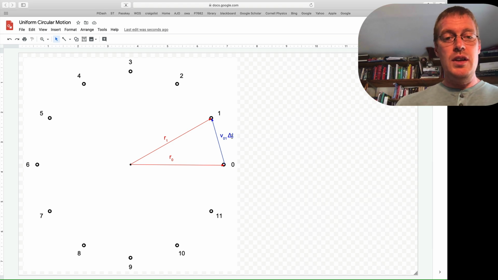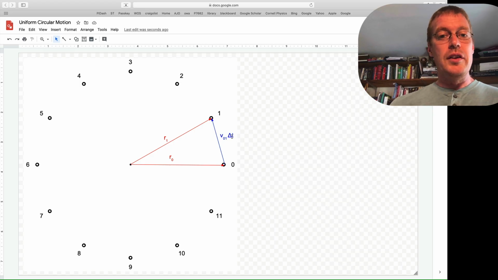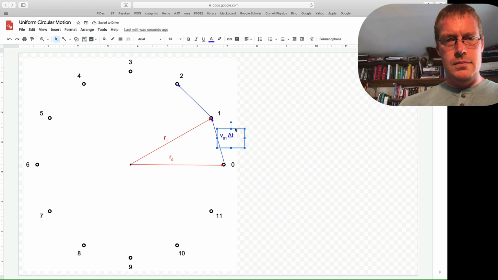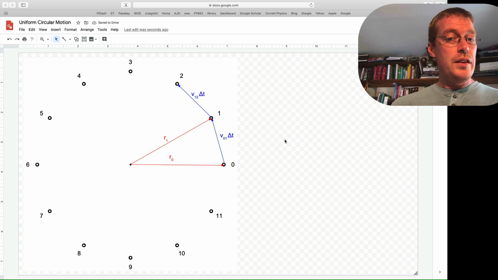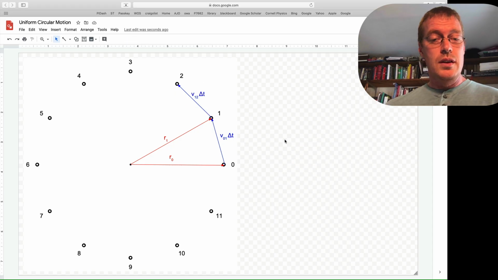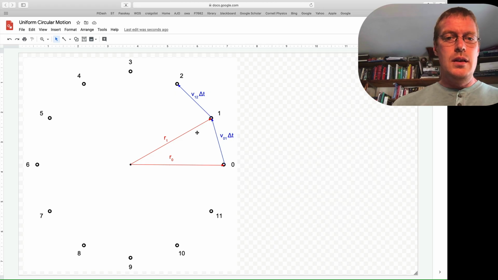Now we can simply create the velocity vector for the next time interval. And then finally, the next thing we know how to do is combine two subsequent velocity vectors to get an acceleration vector.